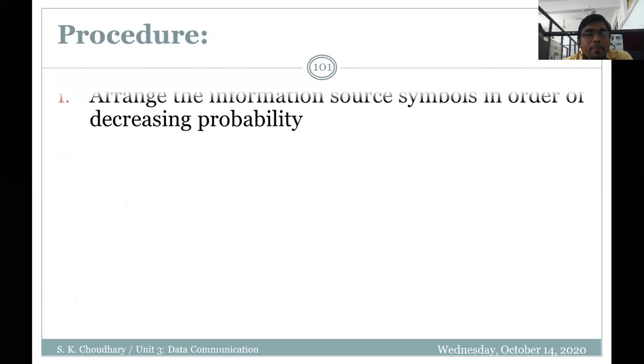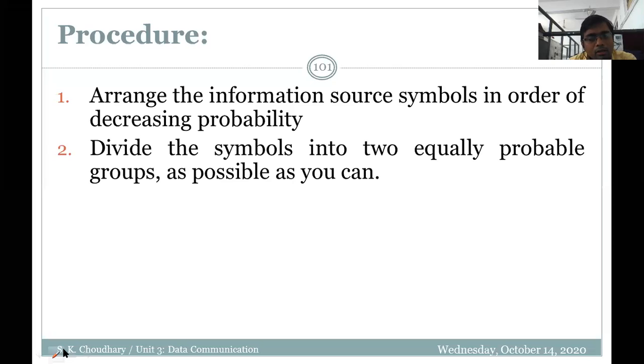So now see the procedure. First step is to arrange the information source symbols in order of decreasing probability. So first of all, you have to arrange the information symbols in order of decreasing probability, meaning the highest probability would be at the top and the lowest probability at the bottom. Then the second step is to divide the symbols into two groups as equally probable as you can.